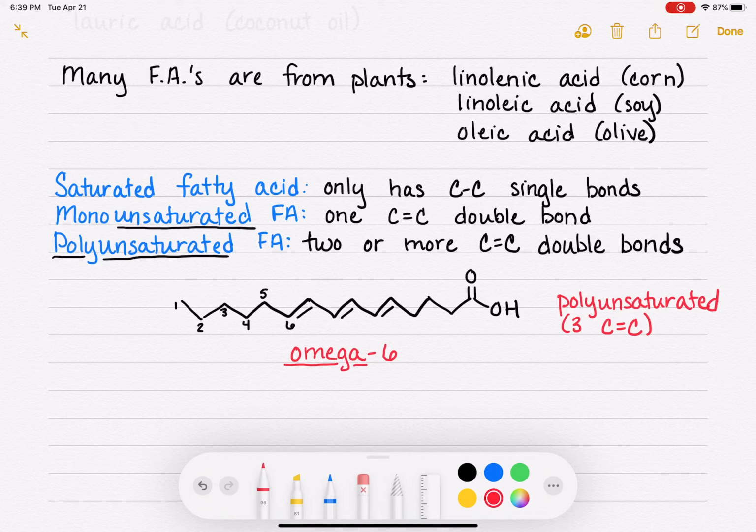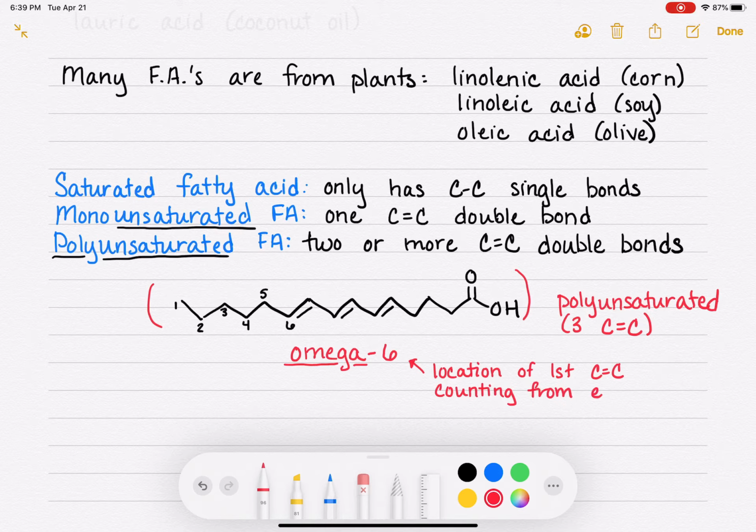So we would say that this fatty acid here is an omega 6. So 6 means the location of the first carbon-carbon double bond, counting from the end.